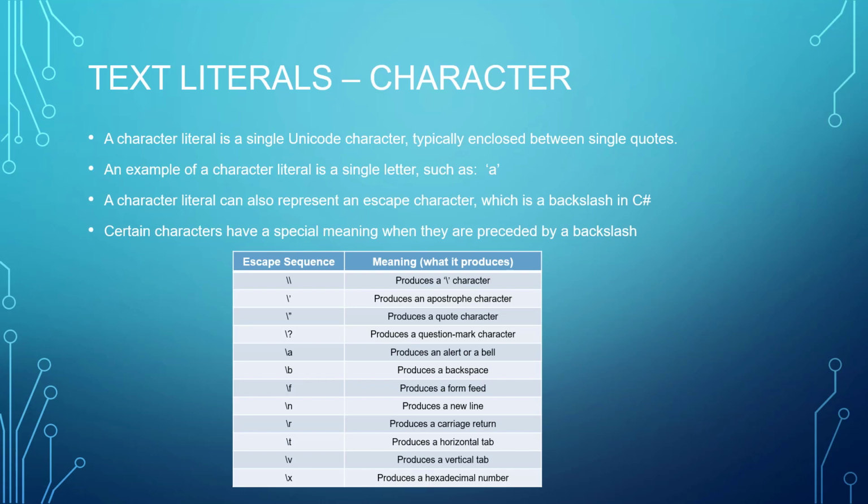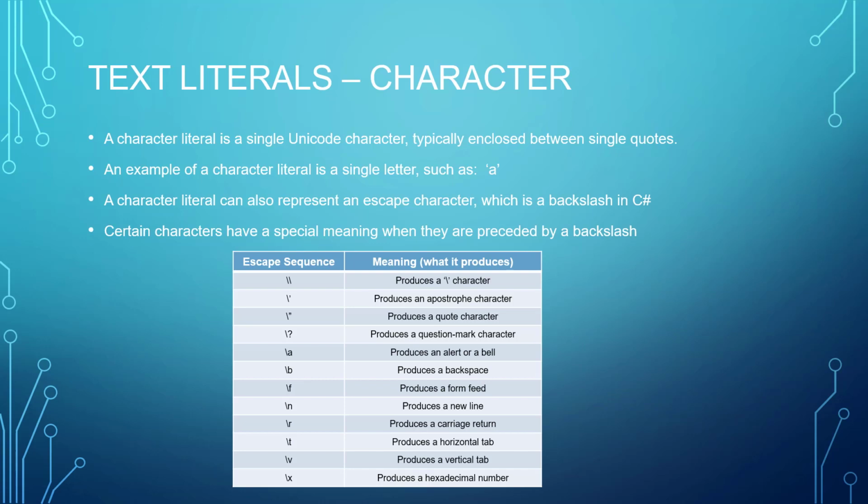Backslash A will produce an alert or a bell. Backslash B will produce a backspace. Backslash F will produce form feed. Backslash N will produce a new line. Backslash R will produce a carriage return. Backslash T, a horizontal tab. Backslash V will produce a vertical tab. And then backslash X, followed by a hexadecimal code, will produce a hexadecimal number. Okay.